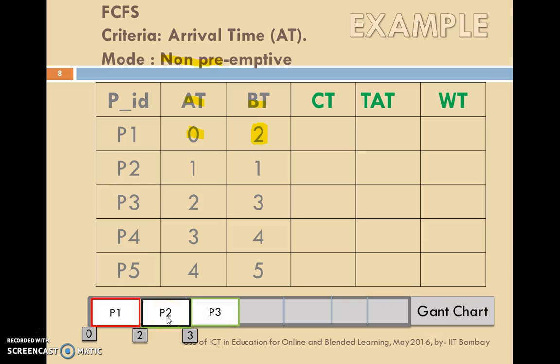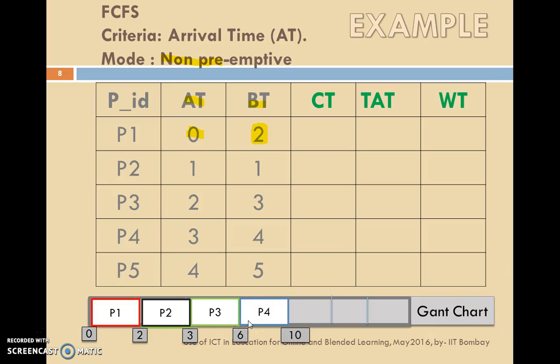After that process 3 comes into the picture, and it starts its execution for 3 units and finishes at 6. Why does it finish at 6? Because process 3's burst time is 3, so 3 plus 3 is 6.